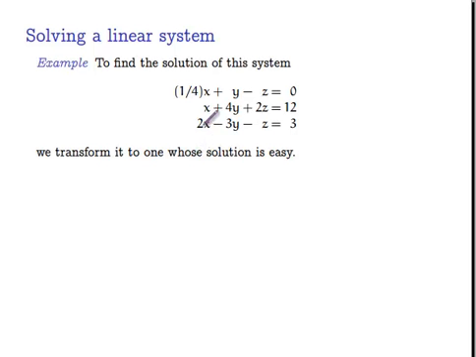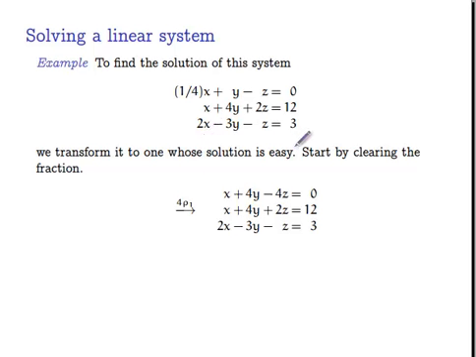Okay. In order to find the solution, let's transform this system of equations. We're going to manipulate these equations using algebra. Okay. So we start by clearing the fraction. It's always better to deal with integers rather than fractions. So this indicates the operation that was performed to obtain this new system of equations.